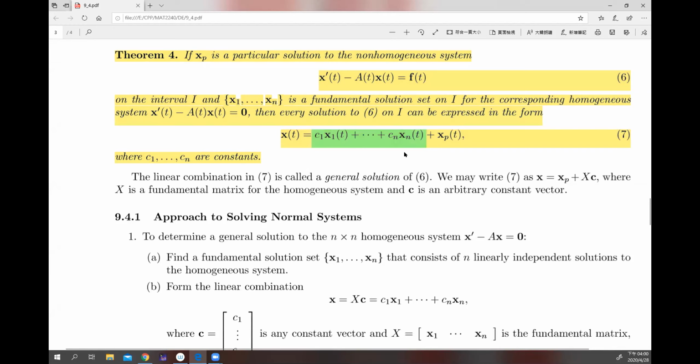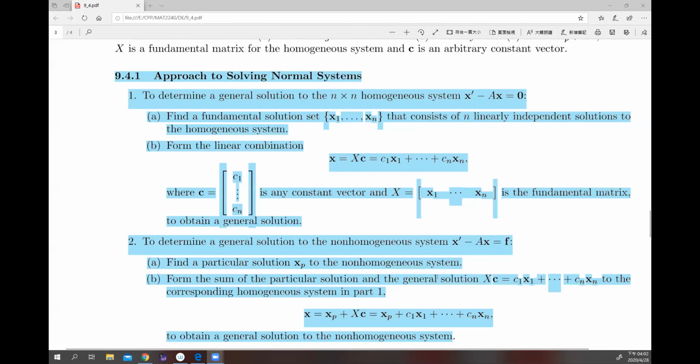Okay. Next, we are going to look at how we can actually solve the systems, and then after that, we will look at a bunch of examples together. All right, so 9.4.1 gives us an overview on how to solve normal systems, both the homogeneous case and the non-homogeneous case.